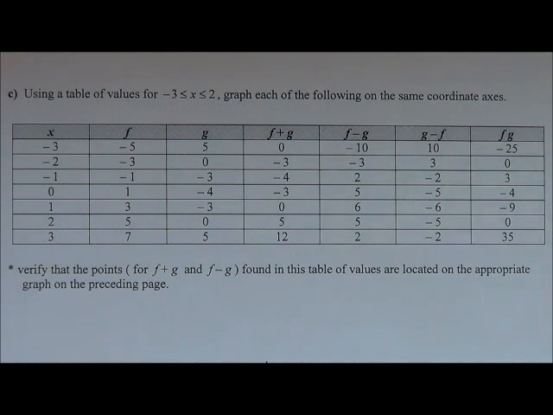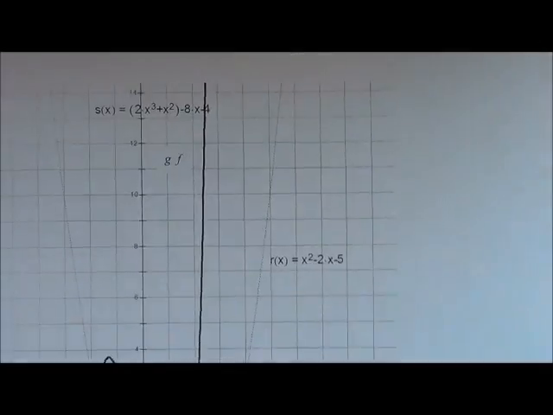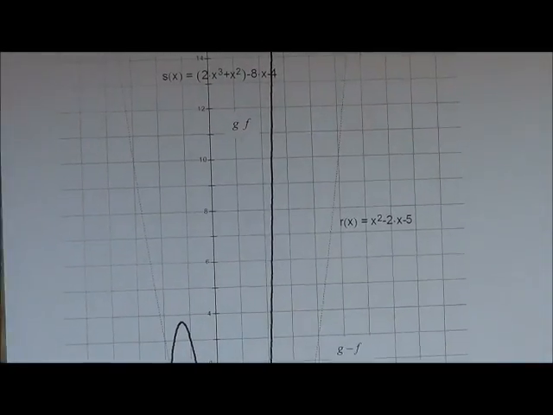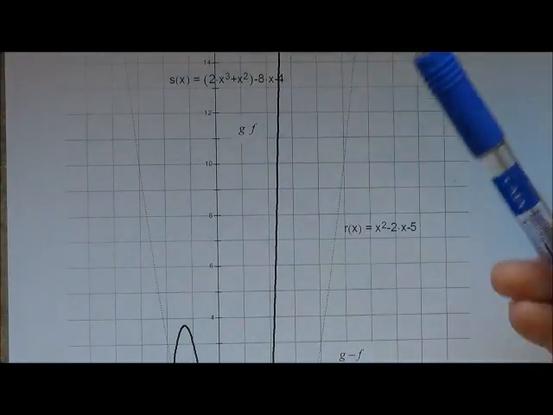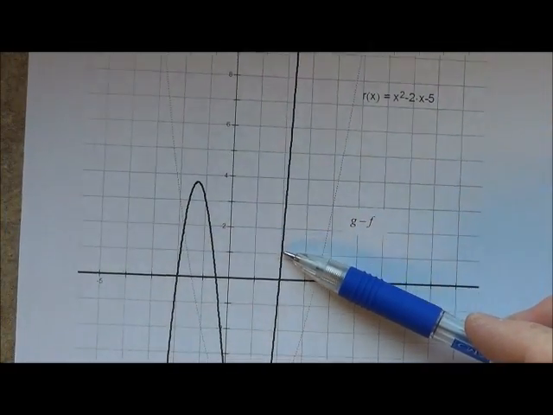And here are the graphs for g times f and g minus f. Here are the graphs that I'll show you for these. So g times f actually ends up being a cubic.